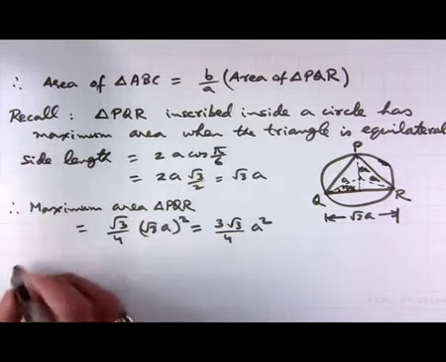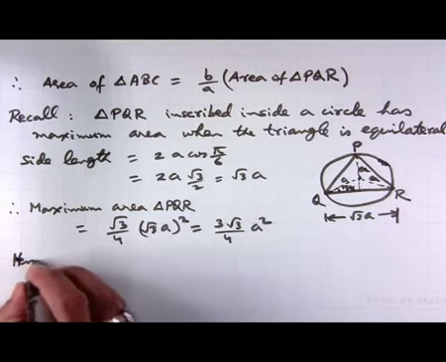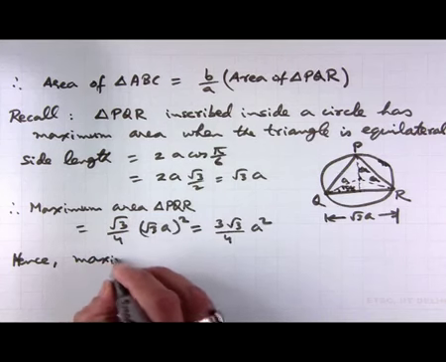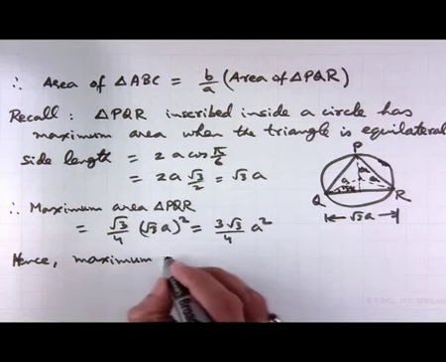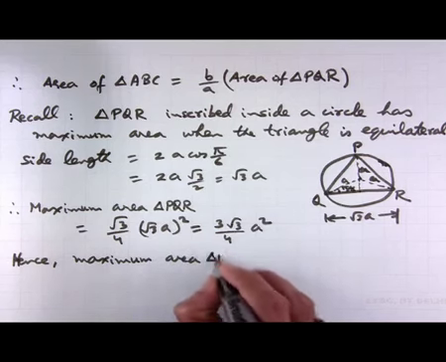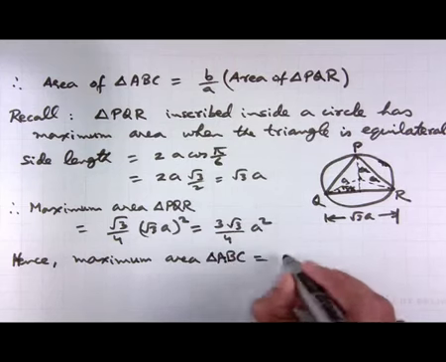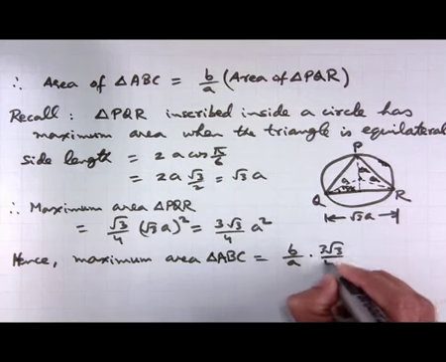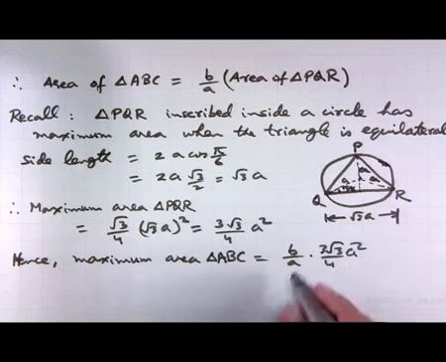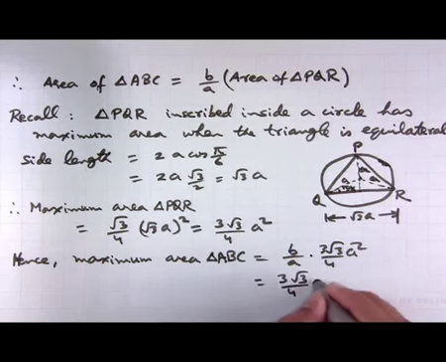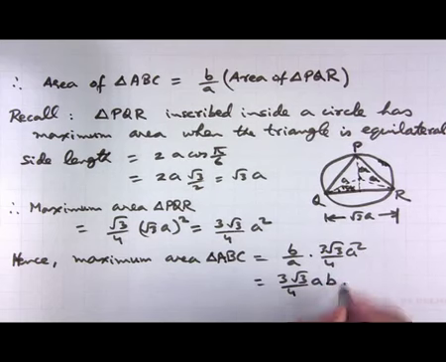And hence, maximum area of triangle ABC will be B by A times this 3 root 3 by 4 A square, which is equal to 3 root 3 by 4 times AB. So, this is the maximum possible area of a triangle inscribed in an ellipse.